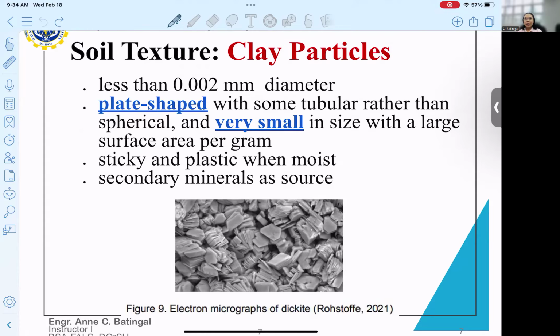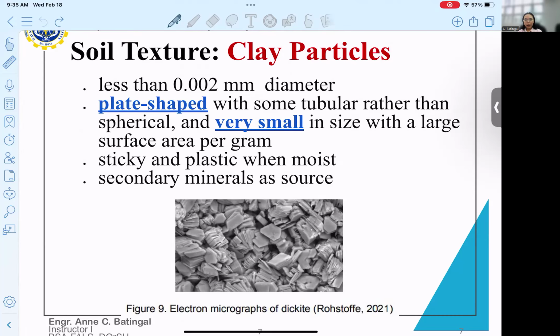Now, aside from its shape and size, your clay particles vary from your sand and silt because since it is very small, the large surface area of your clay particles allows it to absorb more water and nutrients.